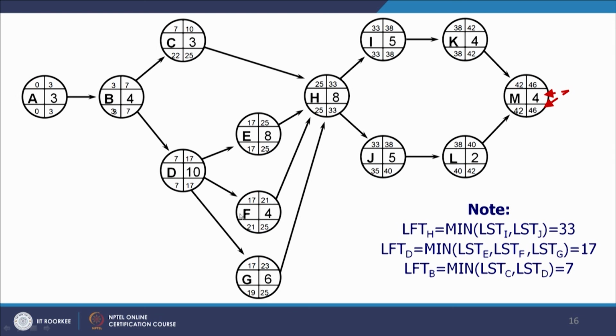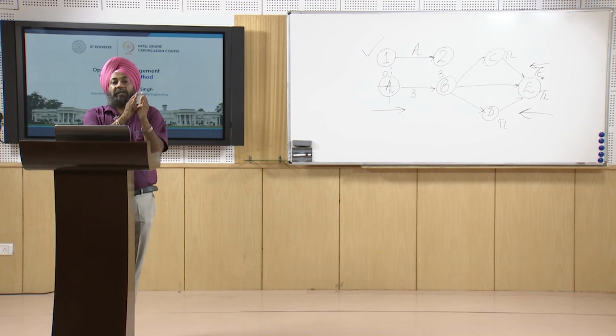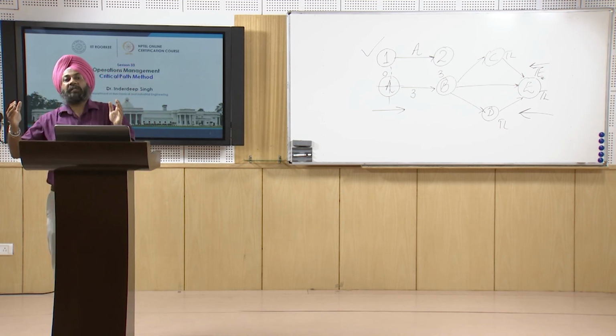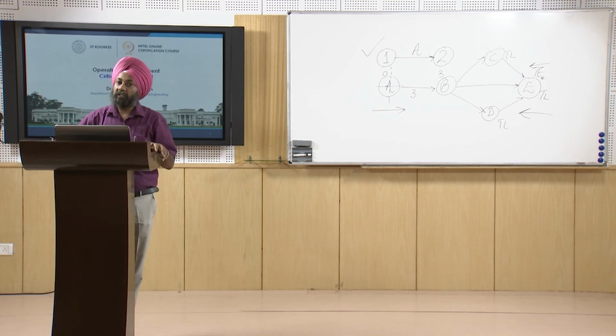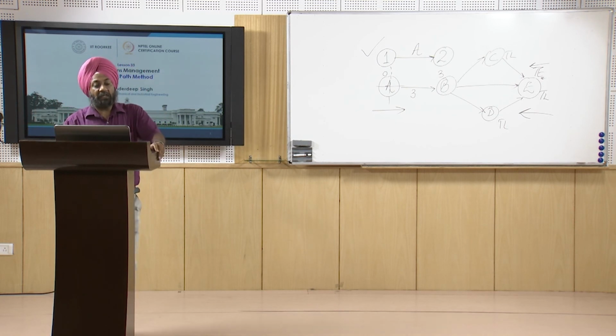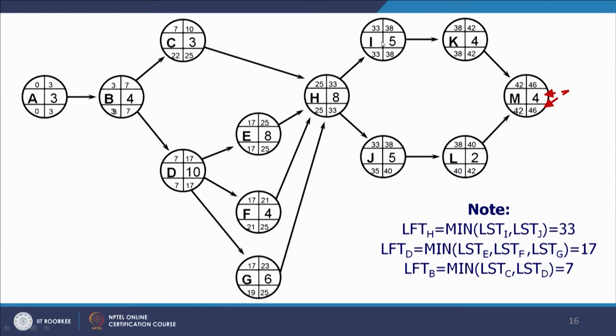So we have a slack of 4 days available for F, which means that if F does not start on its earliest start day, it can start after 4 days also without affecting the overall project duration. But activities A, B, D, E, H, I, K and M cannot be delayed, because if they are delayed, the overall project duration will be delayed beyond 46 days.